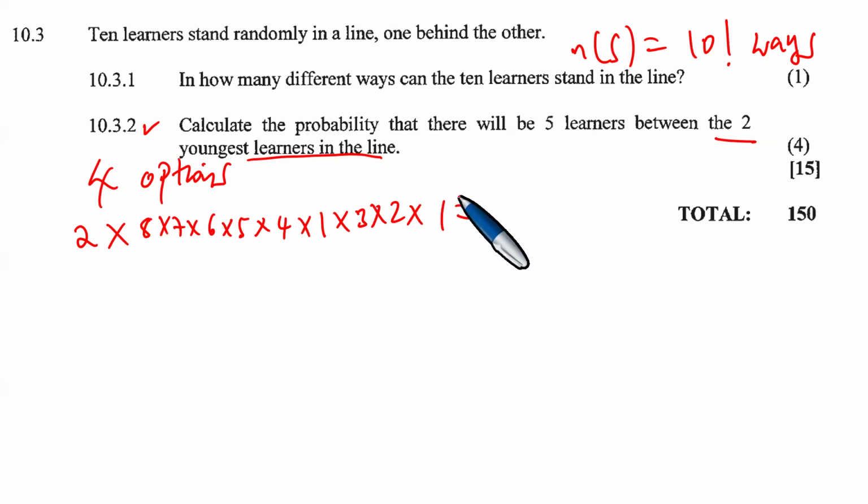If you multiply all these on a calculator, it's 80,640.